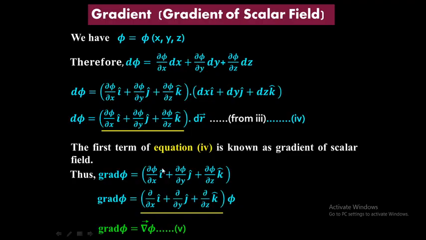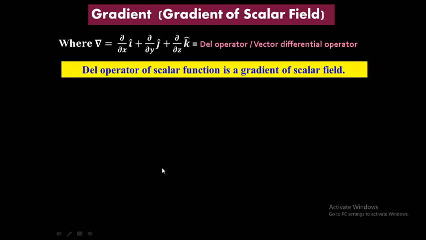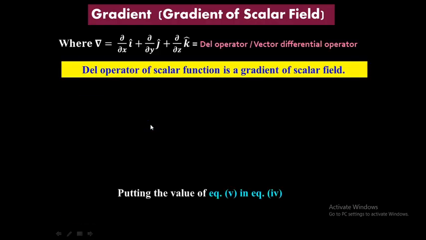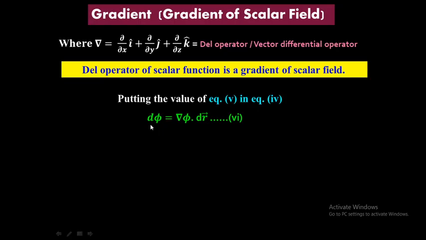Now putting the value of equation 5 in equation 4, in place of the gradient of phi we can write del phi. So d phi is equal to del phi dot dr vector. Suppose this is equation number 6.